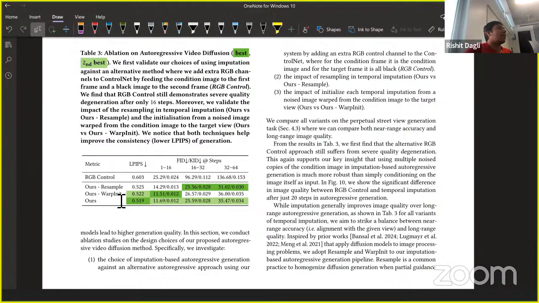I understand that it's not the perfect metric for this kind of stuff, which makes sense because it's just measuring image similarity at the end of the day.